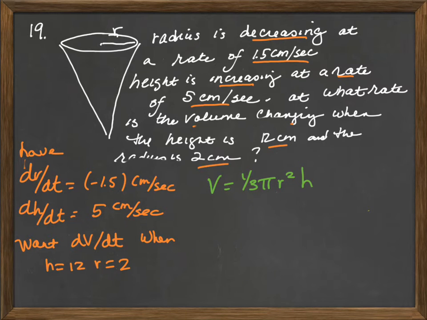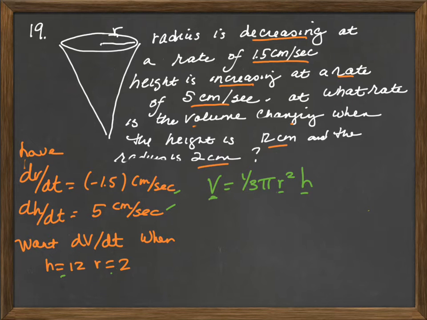Let's look at this. It has two variables, well, three. We want dV/dt, and if we implicitly differentiate, we would have a dr/dt and a dh/dt, but we have both of those, and we have h and r, so we don't need to substitute to find r or h in this case.